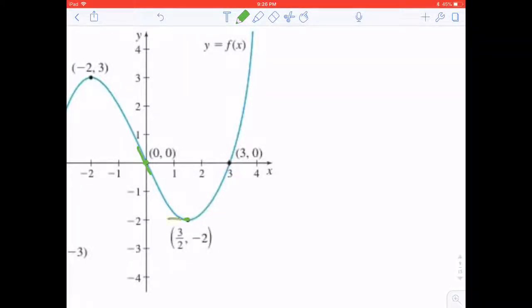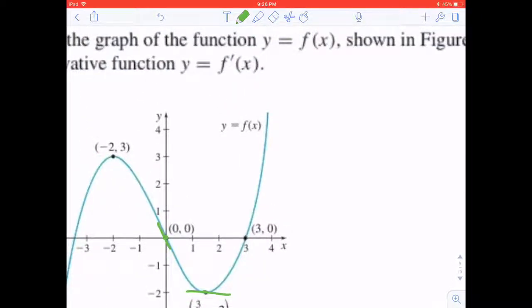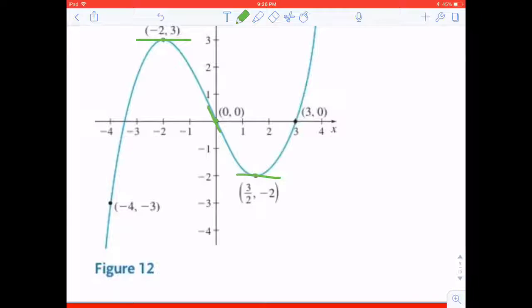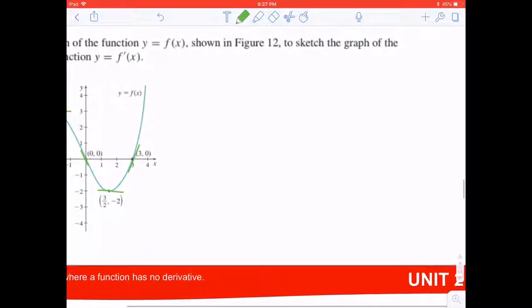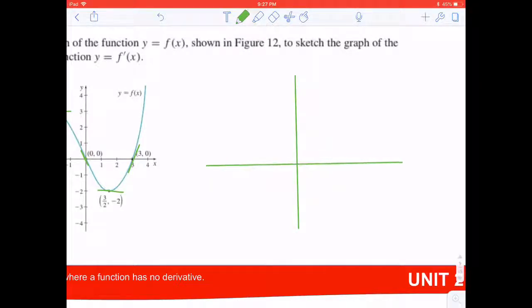This point here, find the slope there. Another one here, we want to find the slope there. And then another one here, we will need to find the slope. And another one, we need to find the slope of that tangent line. And we're going to try to match them up as best as we can onto our coordinate plane here.